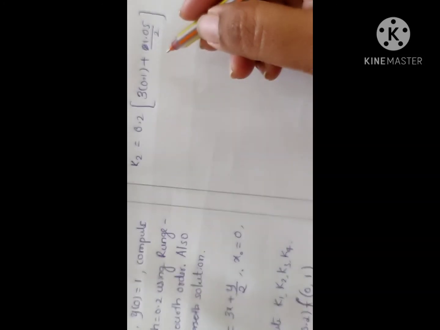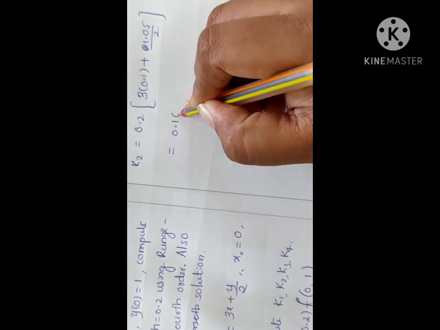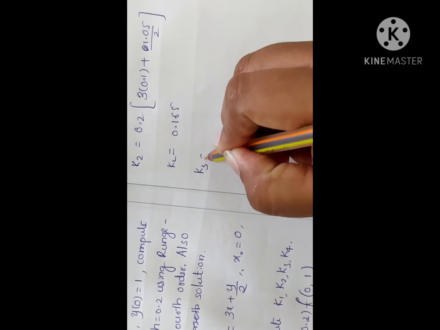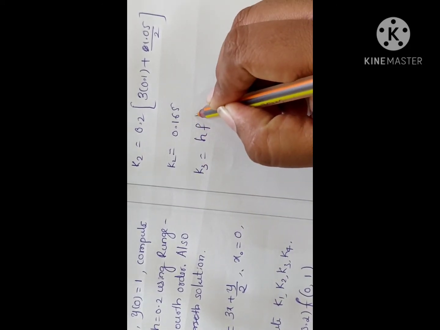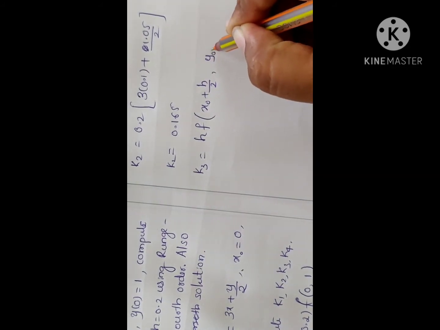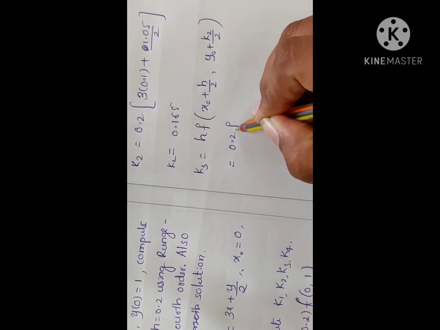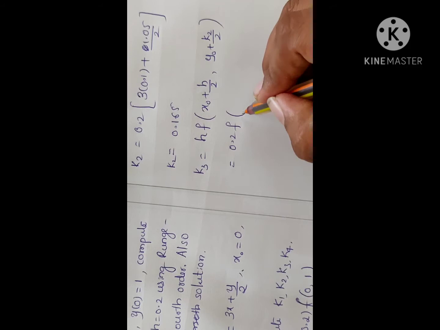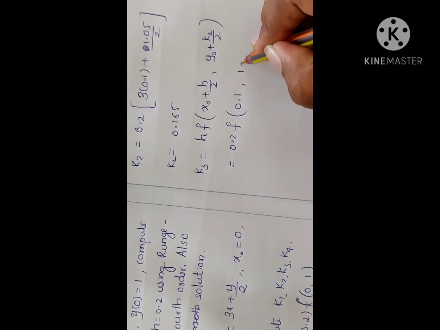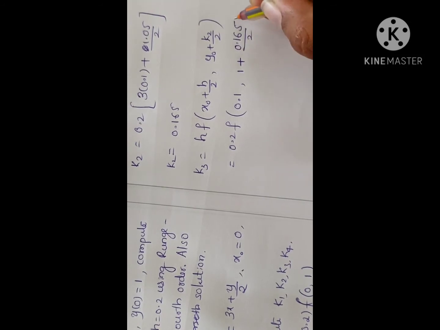When you simplify it, you will get 0.165. This is K2. After this K3, h into f of x naught plus h by 2, y naught plus K2 by 2. So h is 0.2, x naught plus h by 2 we already know is 0.1, y naught is 1, K2 is 0.165 whole divided by 2.